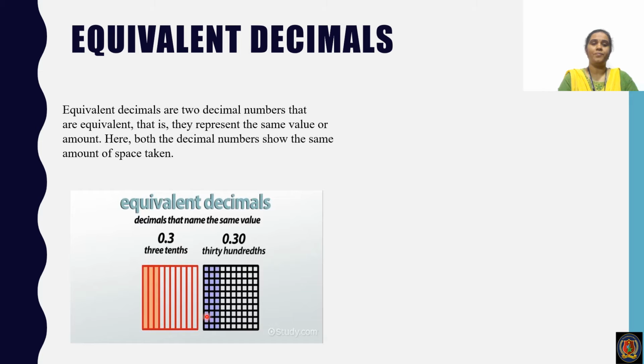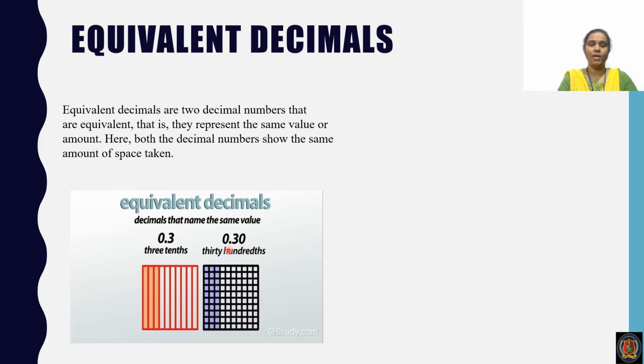Look at 0.3 and 0.30. 0.3 is nothing but 3 tenths, 3 parts out of 10 parts, and 0.30 is 30 hundredths, 30 parts out of 100 parts. Though the decimals look different, the value or the amount shaded is the same. So 0.3 and 0.30 are the same and they are called equivalent decimals.